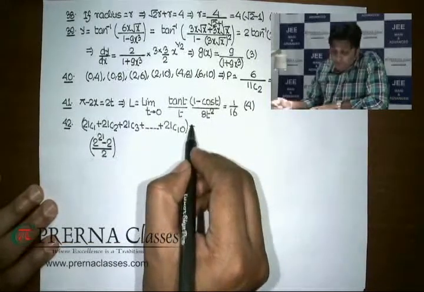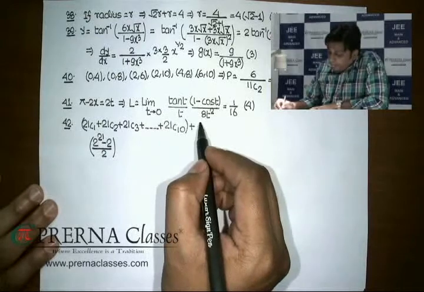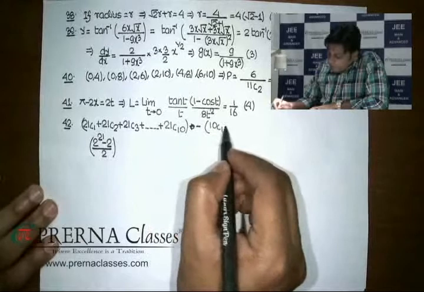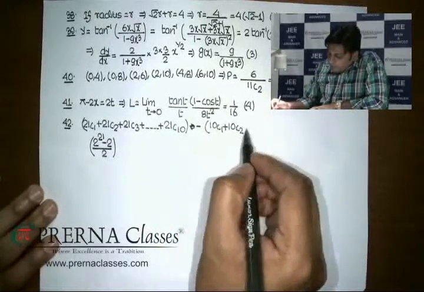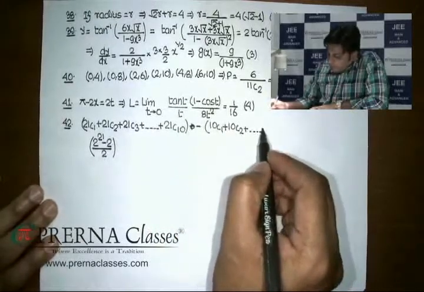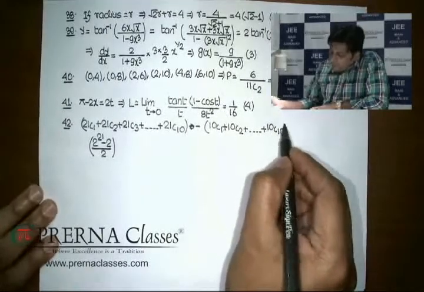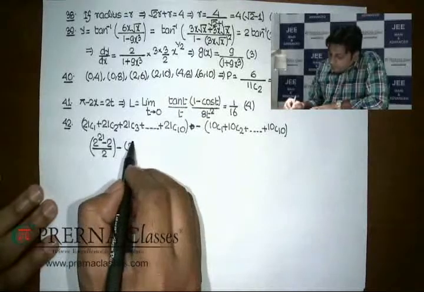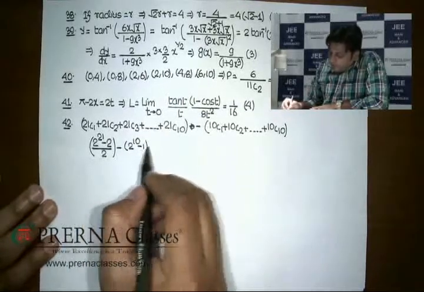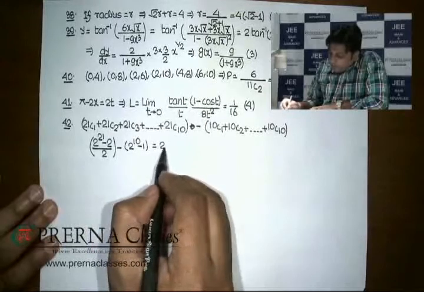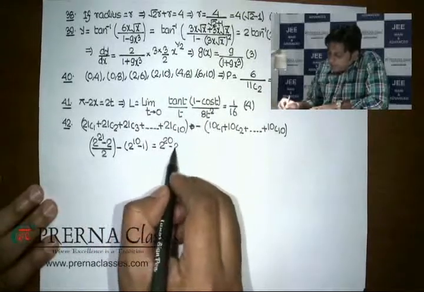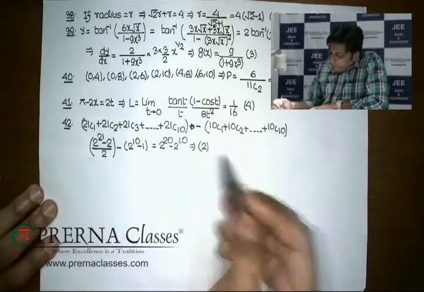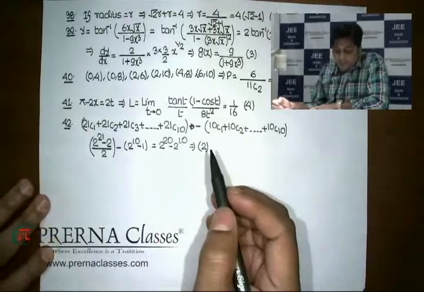As far as the second part is concerned, this sum is going to match with the required answer, which is 2 to the power of 20 minus 2 to the power of 10, which is the second option of this set.